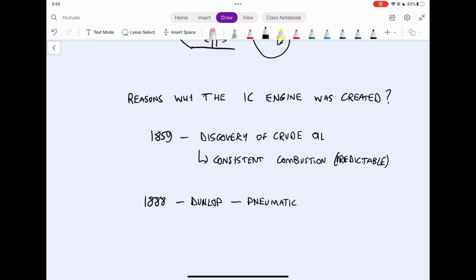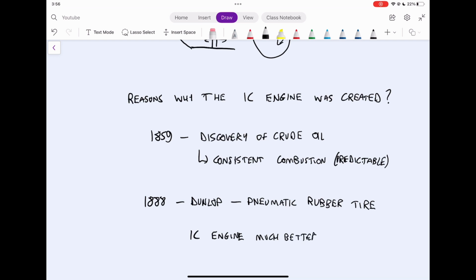Up until then, vehicles were using wooden wheels, which were not good for high speed and long distance travel. So this pneumatic rubber tire allowed us to create personal vehicles that could go much higher speeds and therefore could use the IC engine as a way of transporting.